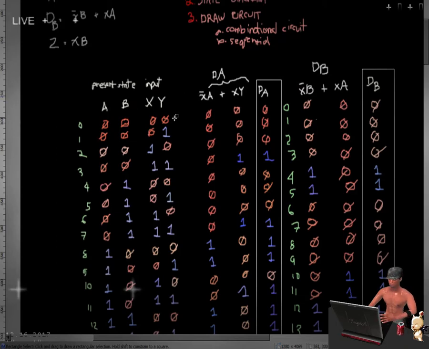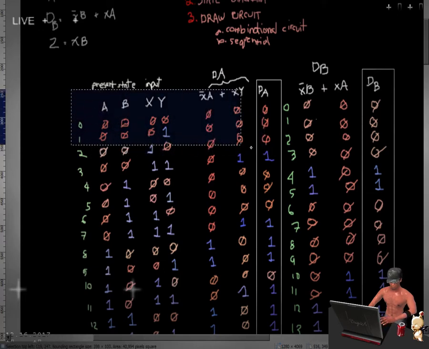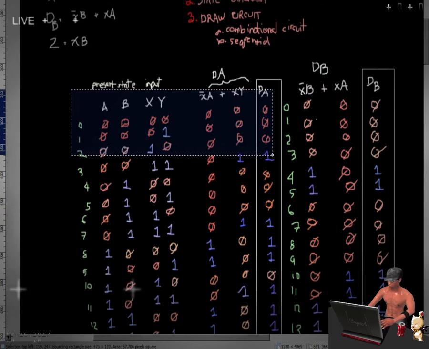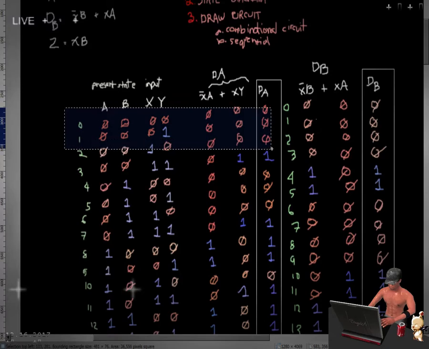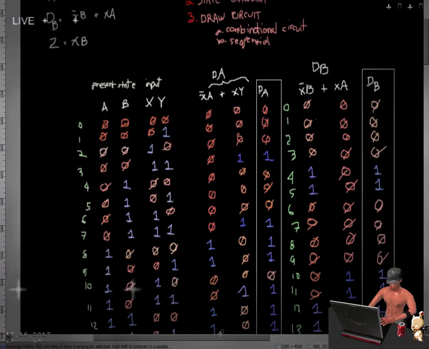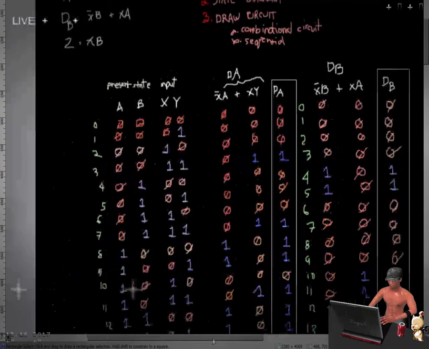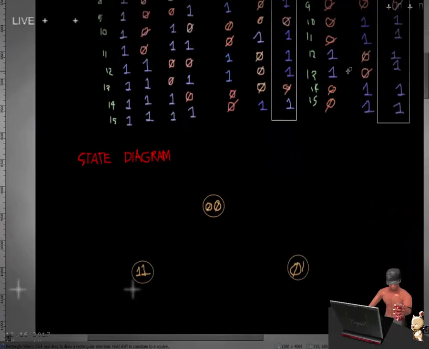Look how the input, it doesn't matter. Let me analyze this real quick. This is kind of where it hurts. Again, we're doing a diagram for DA. This is going to be DA.